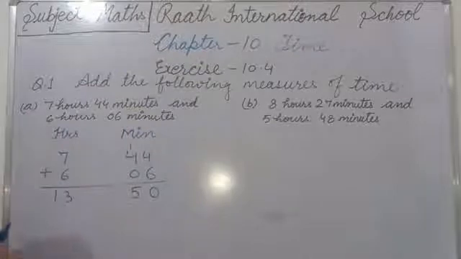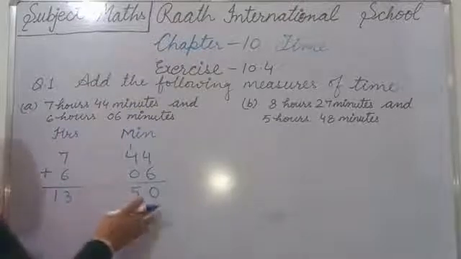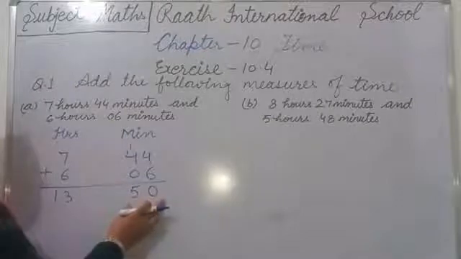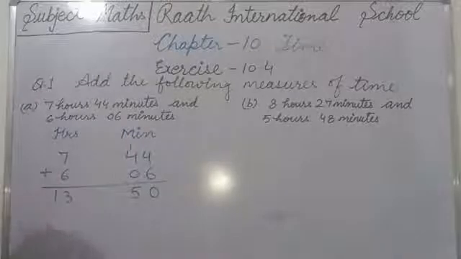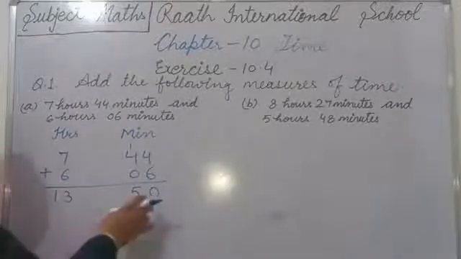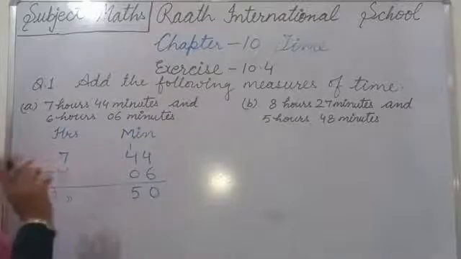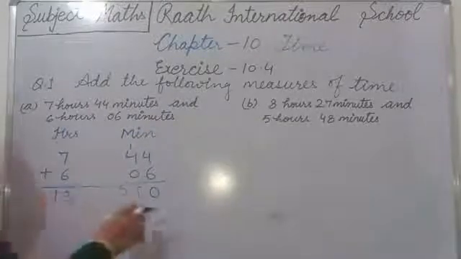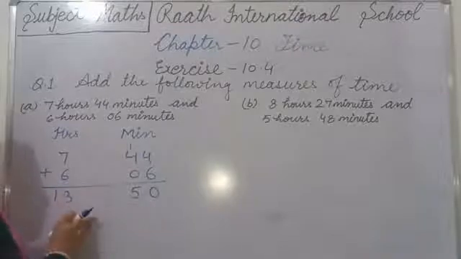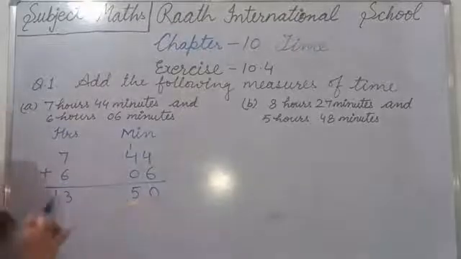Now we will check how many minutes are there. So there are 50 minutes. Till 59 we keep it in the minutes. But as we know, if we have 60 minutes, those 60 minutes go to the hour, because 60 minutes make 1 hour. We reduce 60 from the minutes.